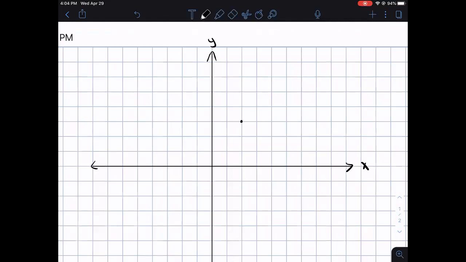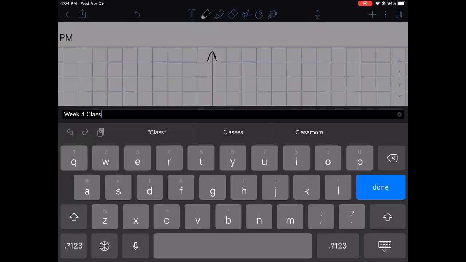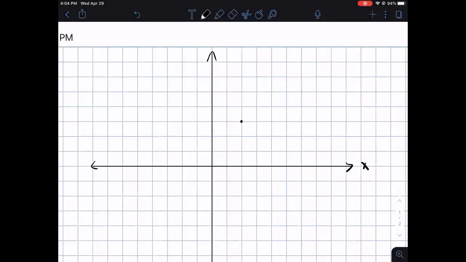So this is X, this is Y. Some people are saying that this is the point 2, 3. Let's quickly go over what this means. And other people are saying origin. The origin is this point in the middle.